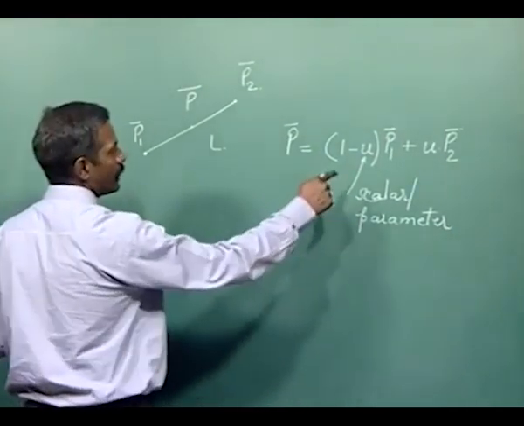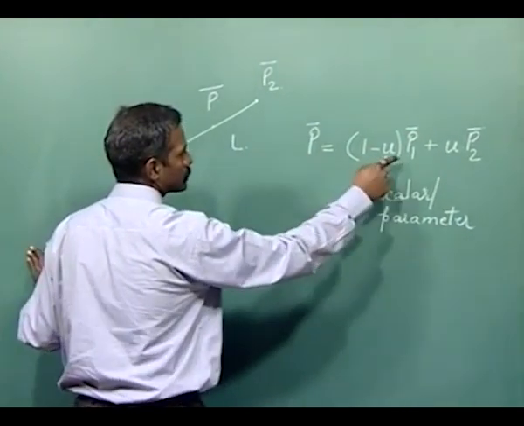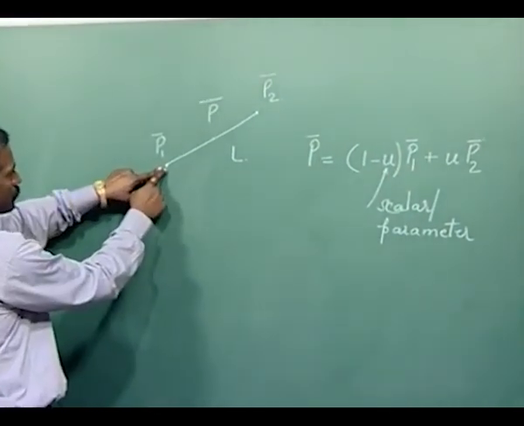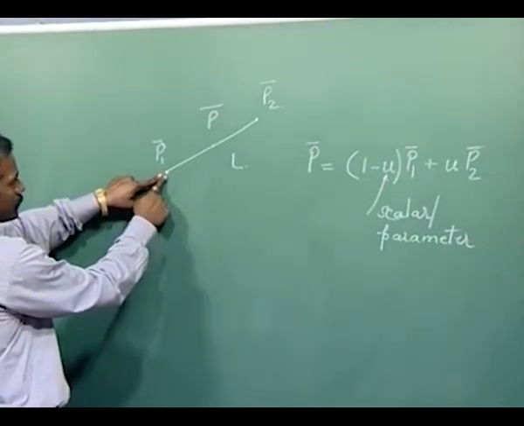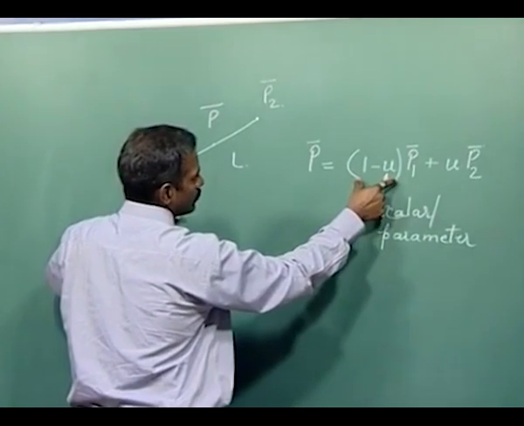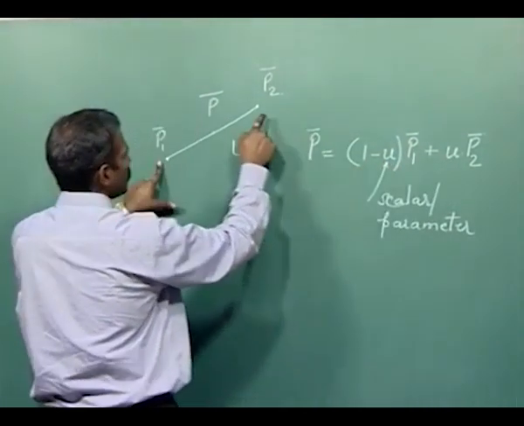Note that when u equals 0, P equals P1. So corresponding to u as 0, we get this point, and corresponding to u as 1, this scalar is 0, this scalar is 1.